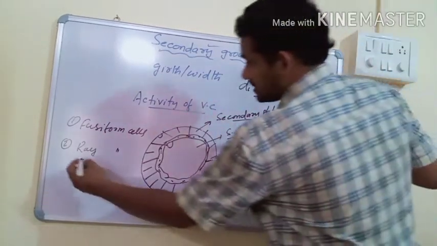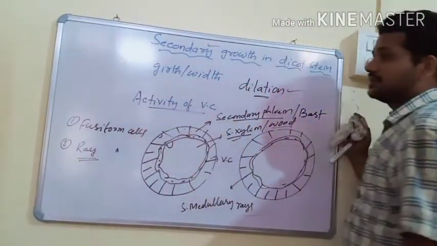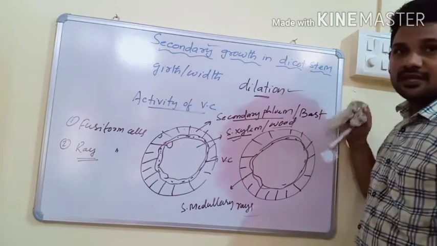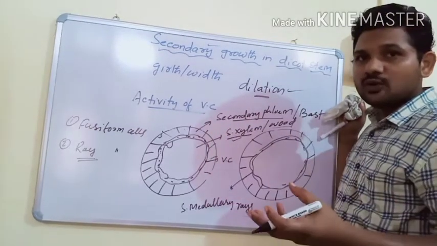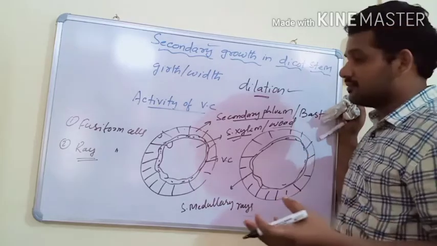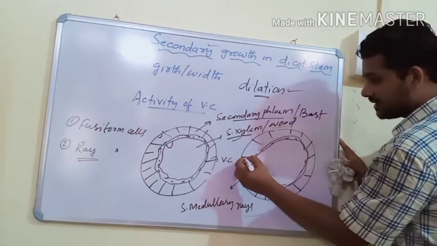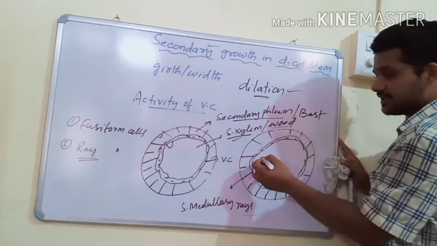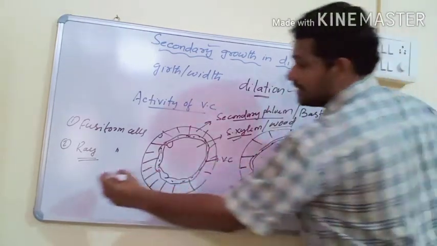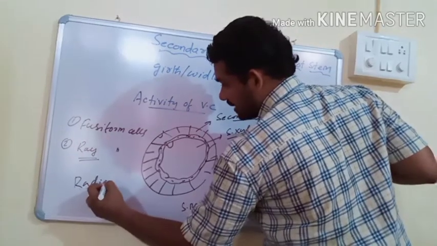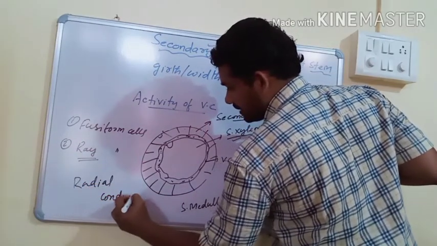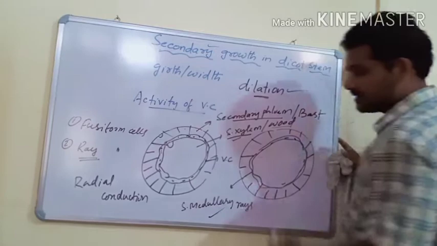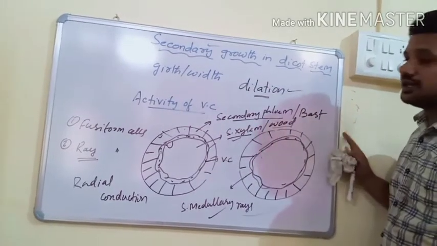And next, ray cells. The ray cells of vascular cambium also produce narrow elongated parenchymatous cells. These narrow elongated parenchymatous cells pass from secondary phloem to secondary xylem for radial conduction, and these elongated parenchyma cells are called secondary medullary rays.